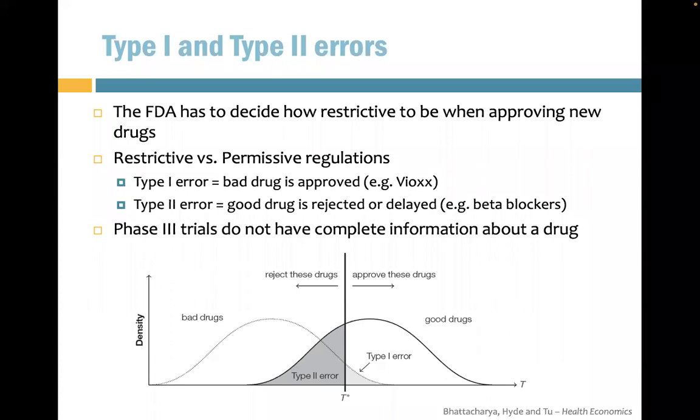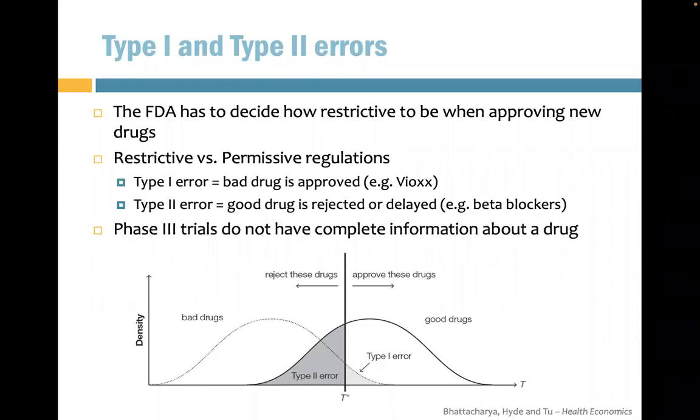You have to draw a line. Let's say in this graph it is T star. If the phase 3 trial data is better than T star, then I think this is a distribution of a good vaccine or a good drug, so I'm going to approve it.